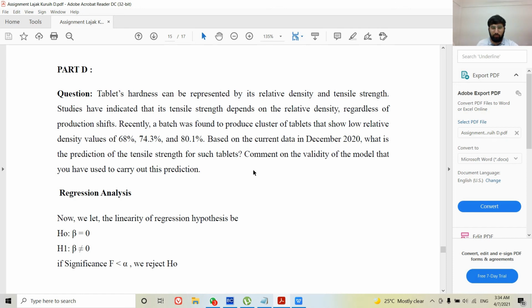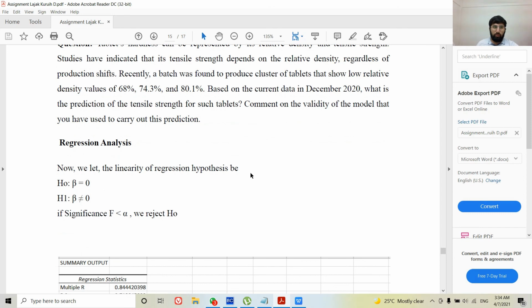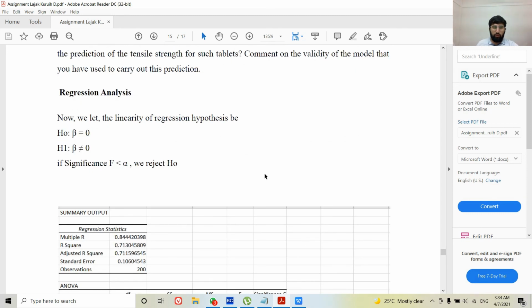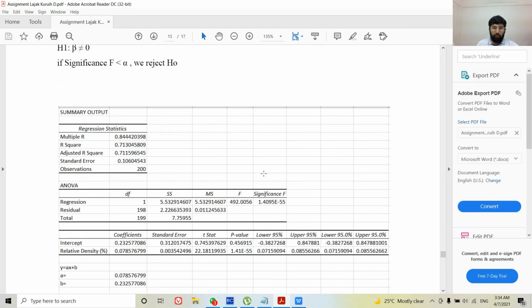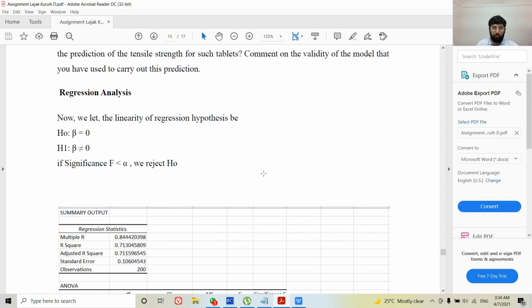So in Excel, we use a method called regression analysis. Here we let the linearity of regression and hypothesis be H0 and H1.